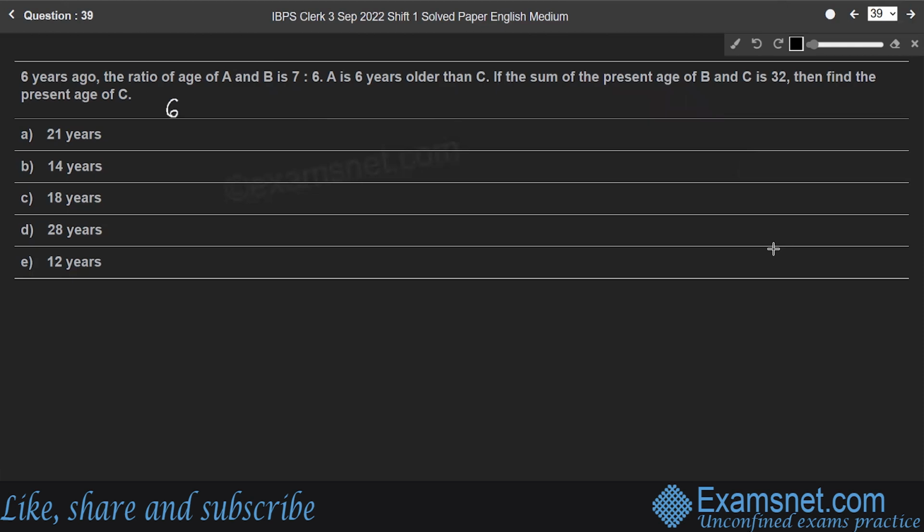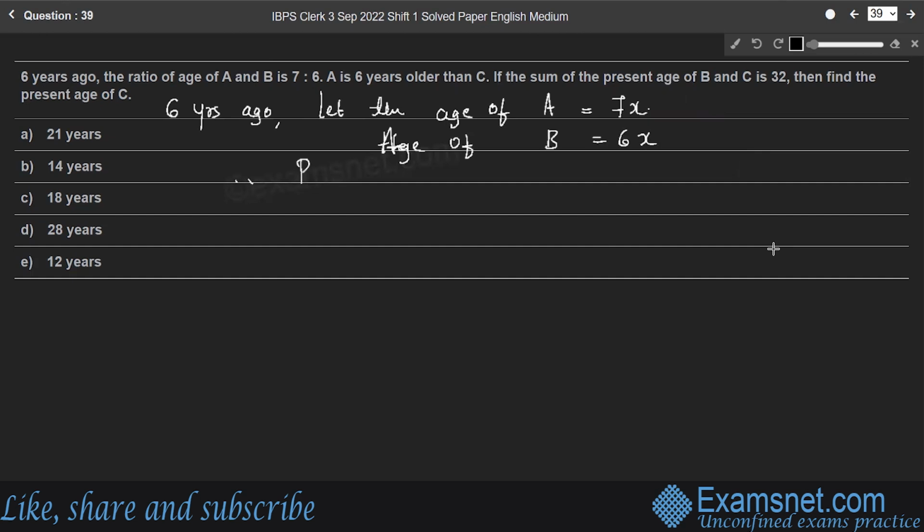Here 6 years ago, let the age of A be, A is equal to 7x and age of B be, B is equal to 6x. Right?